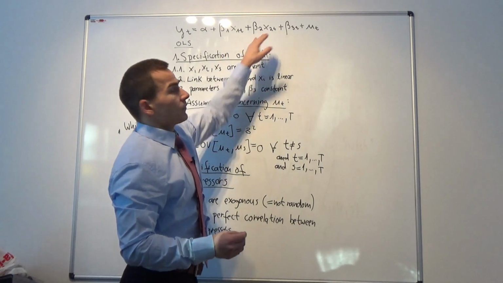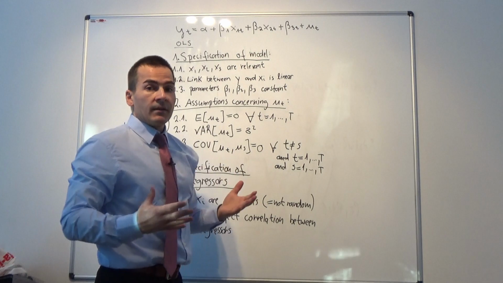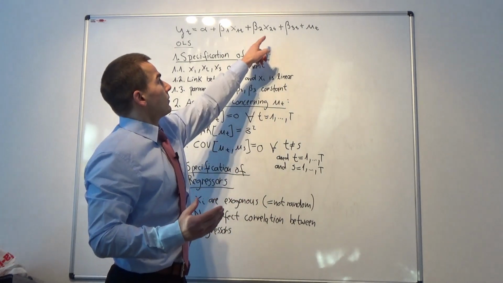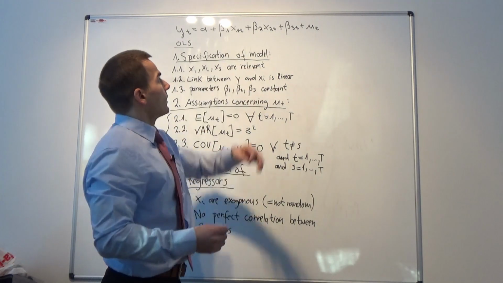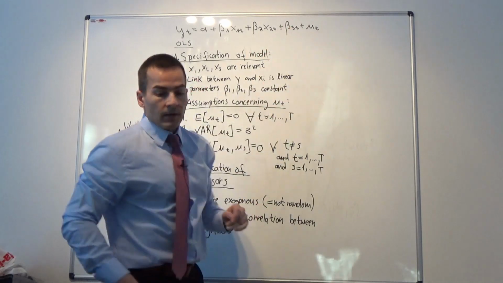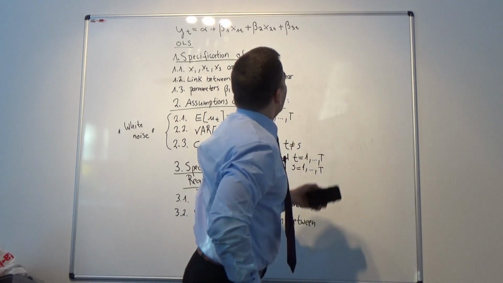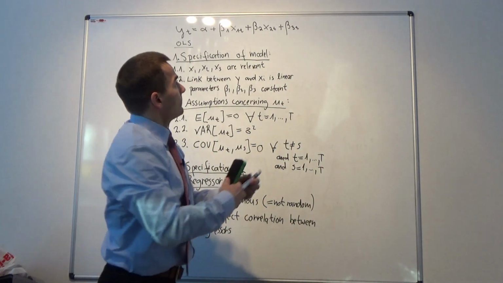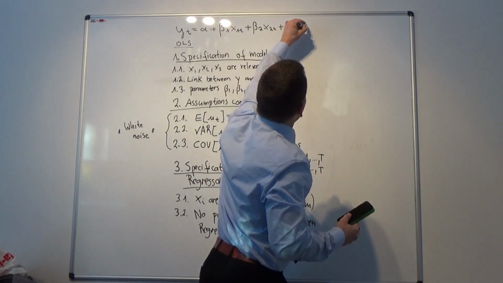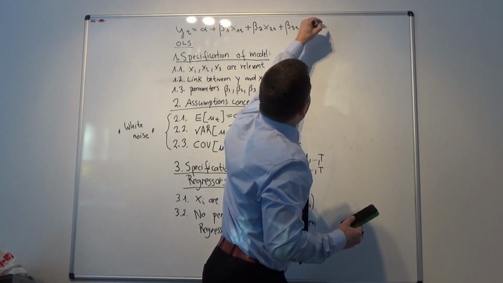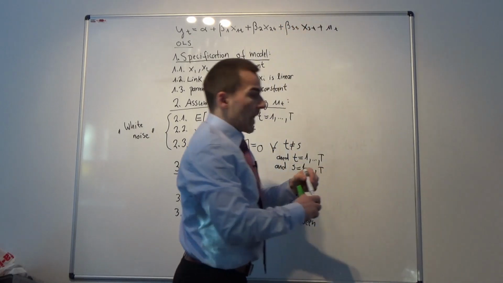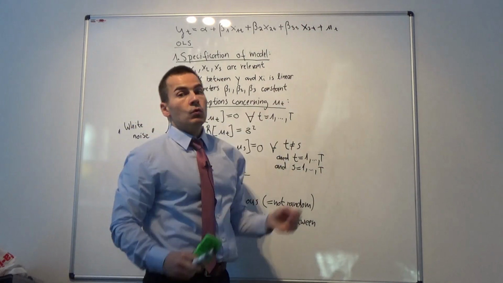We have x2t as our second independent variable. T denotes the time index, the time dimension, and we have our x3t, and then we also have our error term denoted as ut.